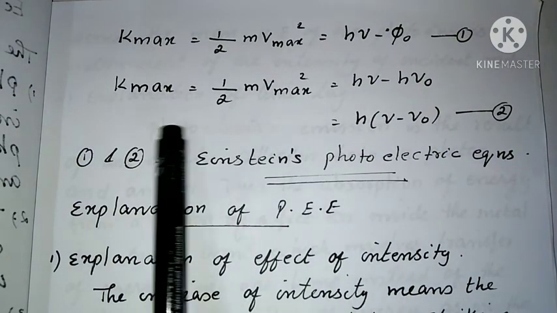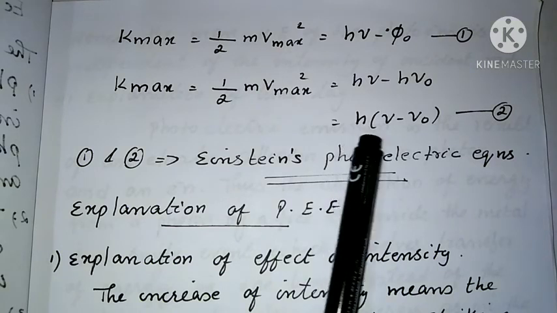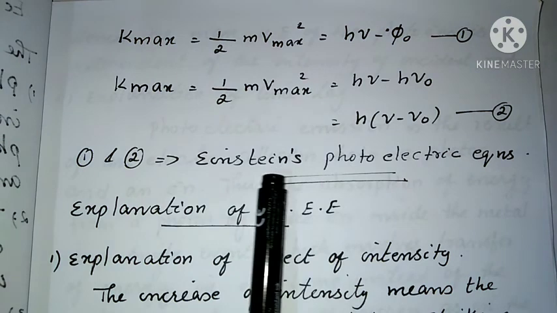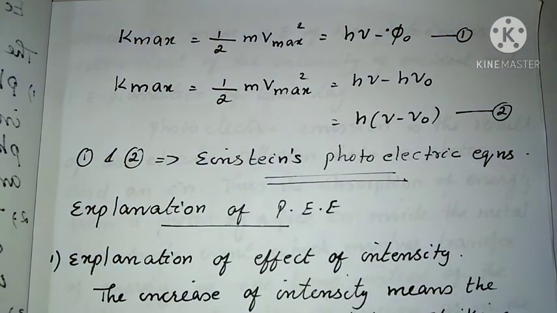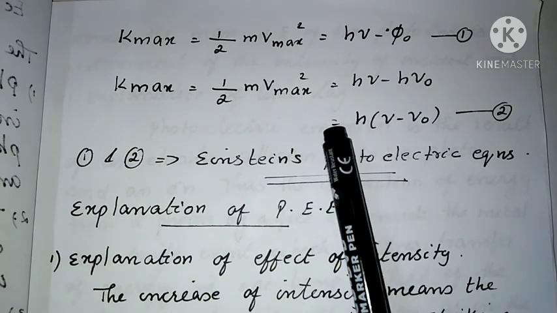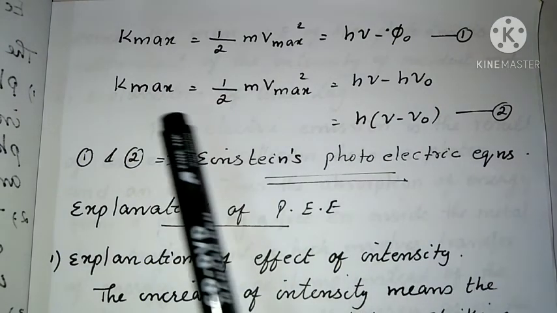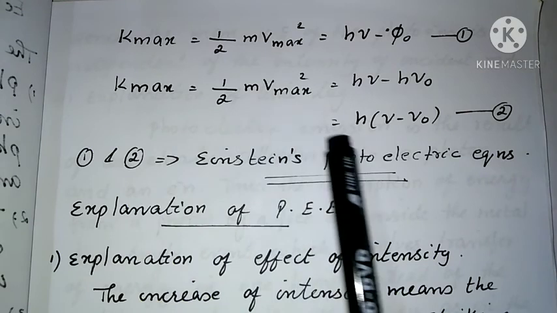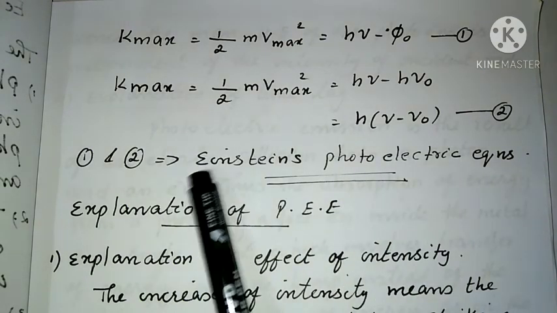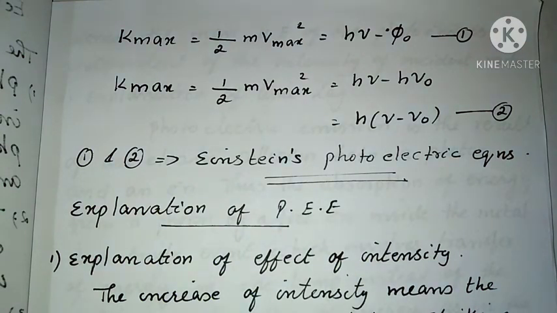So K maximum equals h into nu minus nu 0. These two equations are known as Einstein's photoelectric equations. The second equation represents that if the frequency is above the threshold frequency, then K maximum equals h into nu minus nu 0.